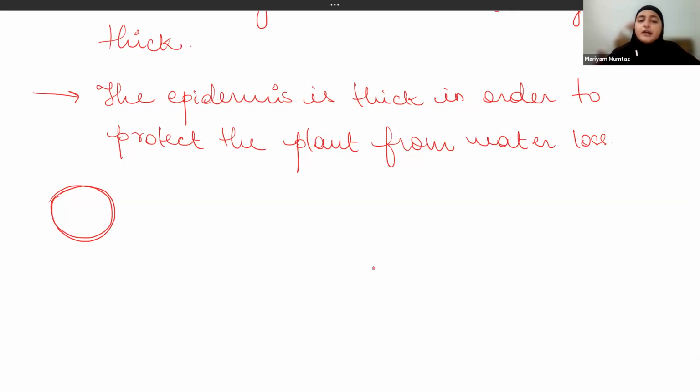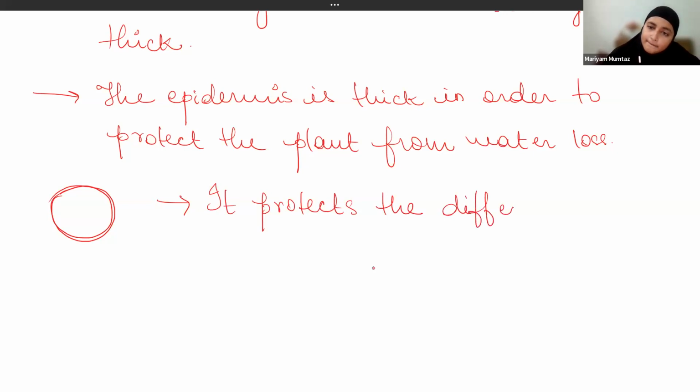Now, apart from protecting the plant from water loss, the epidermis also protects the different parts of the plant.